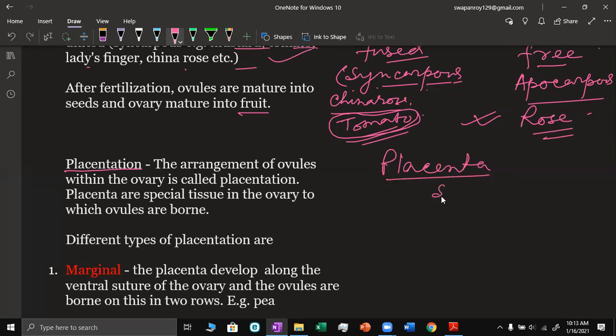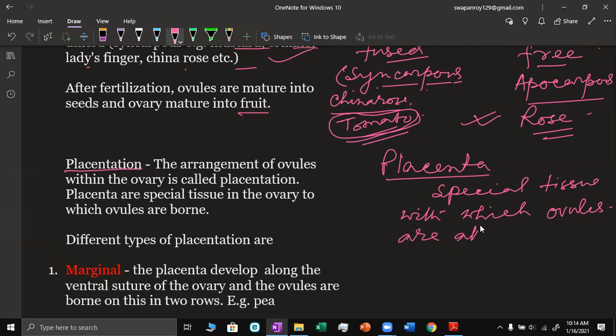Placenta is a special tissue with which ovules are attached within the chambers of the ovary, within the locules.